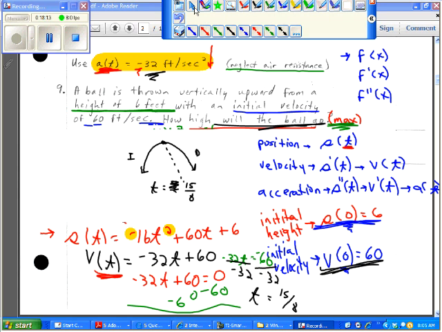we're going to be at that maximum position. Well, where would we plug that 15/8 in? Into the position formula. So we're going to plug that into our position formula, and we can solve.